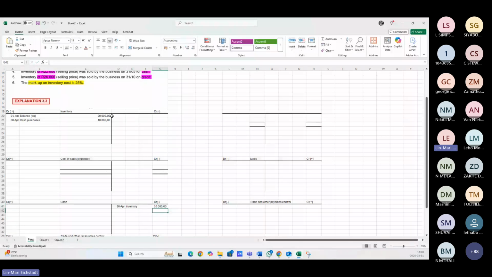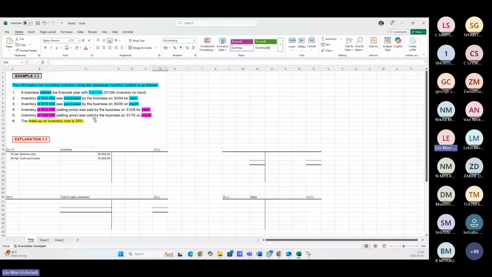Then we also had another purchase of inventory for 15,000, but this was not in cash. It was done on credit. So on the 30th of May, again, we increase our inventory because for the perpetual one, we increase and update our inventory account as we go along. So this was a trade payable because we didn't pay for this in cash right now. We will pay for it later. But it's still a liability for us.